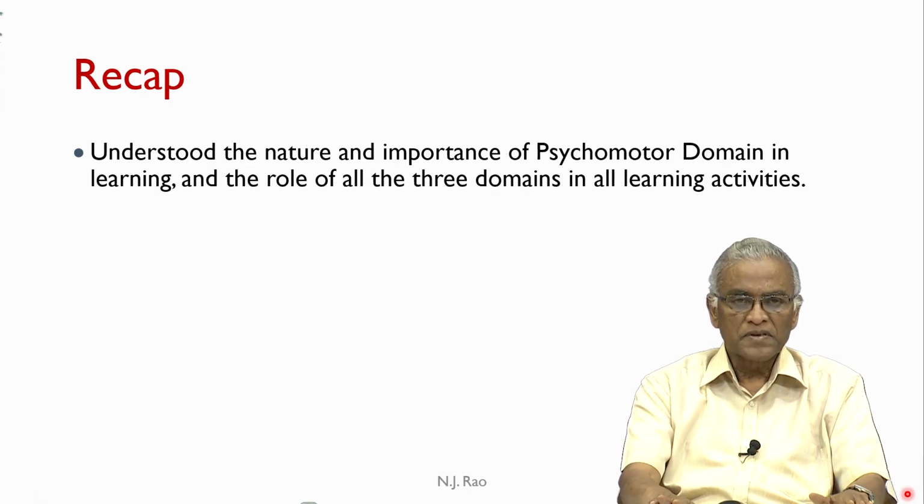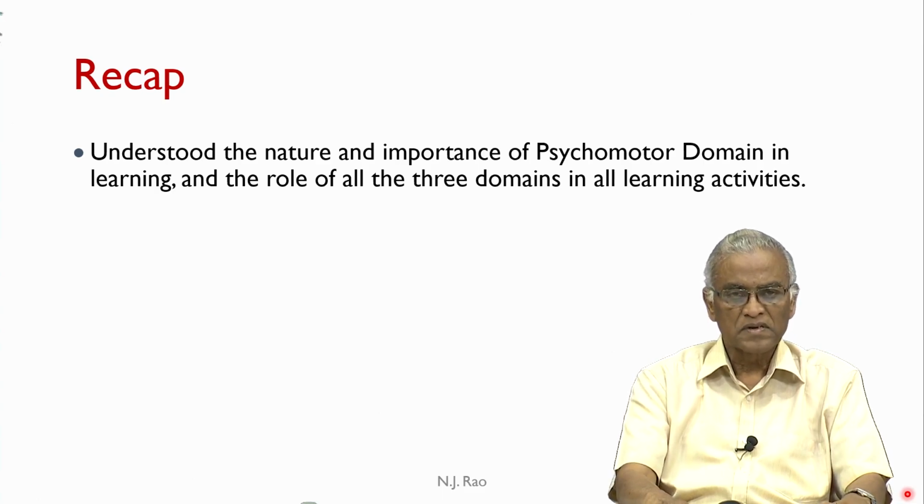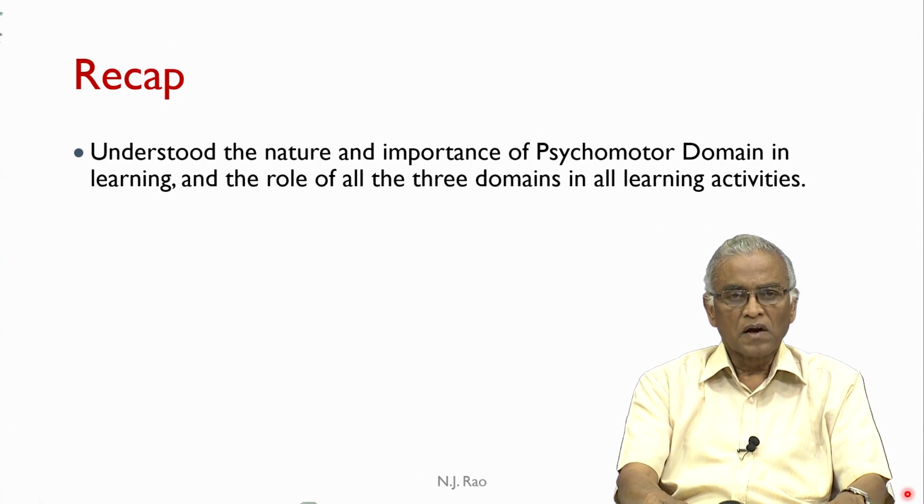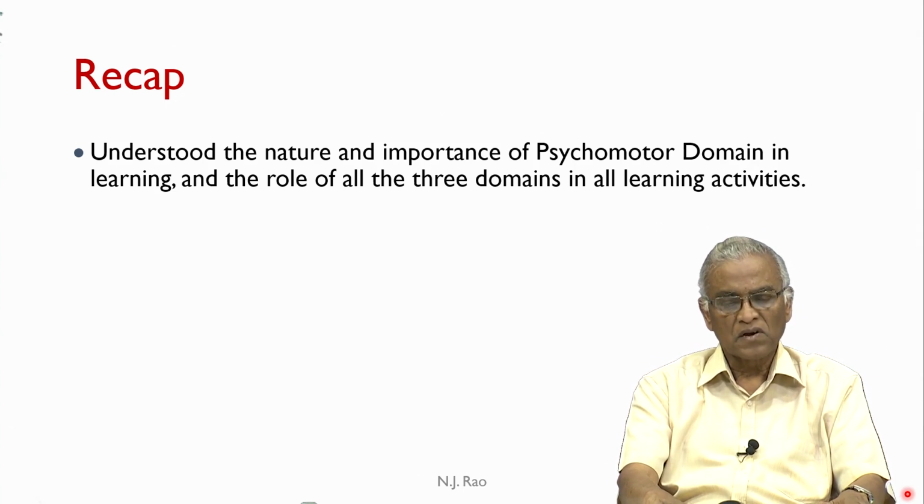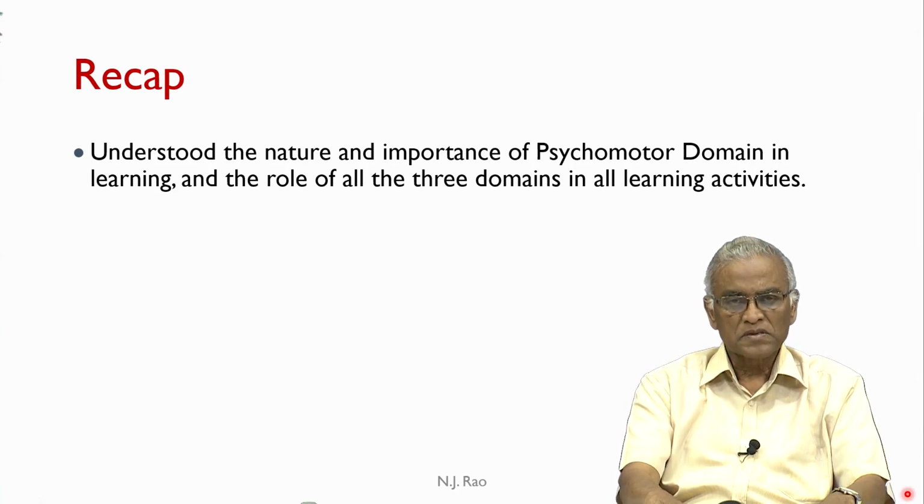Depending on the nature of the activity, one particular domain may be more dominant than the other, but in any mental processing activity that you do, there is a role for all the three domains, that is, there is cognitive processing, there is affective processing, and there is also psychomotor processing.